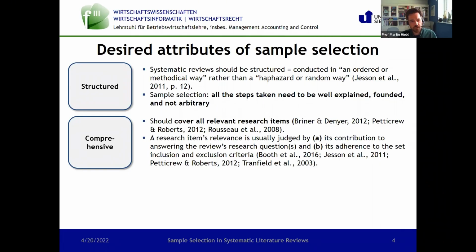Later in this talk and also in the paper, I refer to the summary term of inclusion-exclusion criteria because it very much depends on how you phrase an individual criterion. So you can phrase a criterion as either inclusive or exclusive. For instance, you can say I only include journal articles that are published in journals that carry an ABS rank 4 or so, which would be quite exclusive.